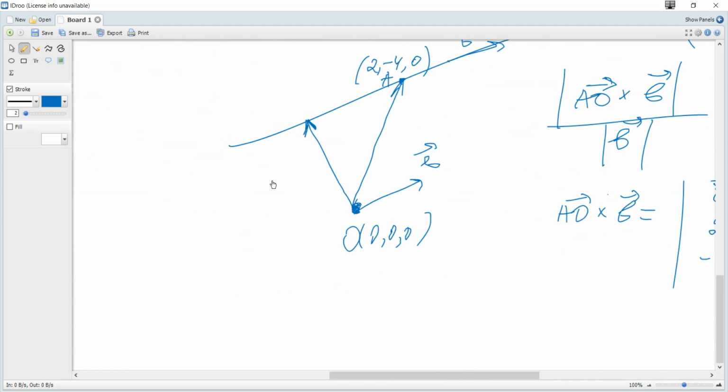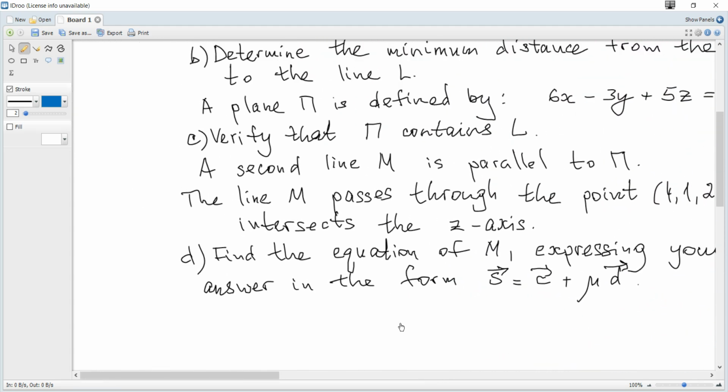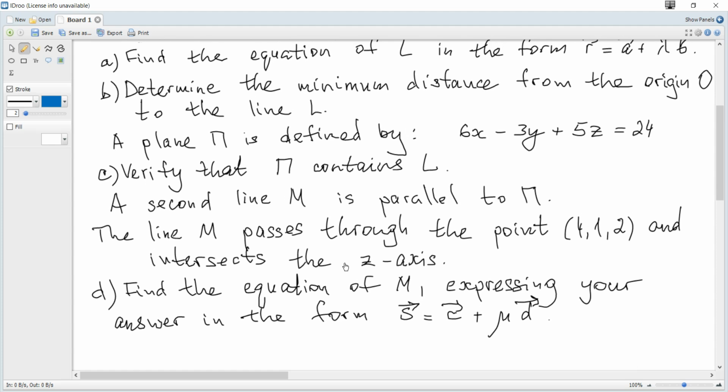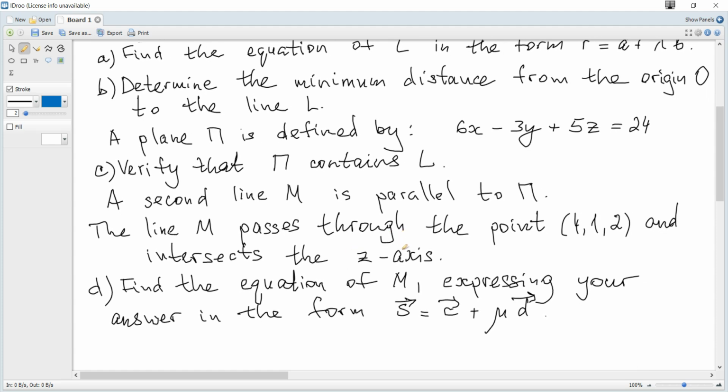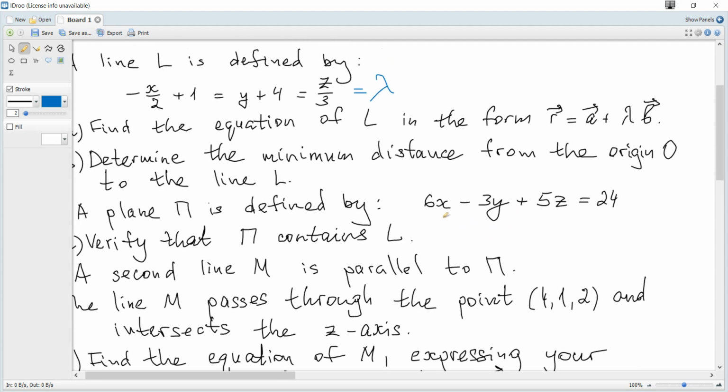The next, a plane P is defined by, question C, verify that P contains L. If we consider just a single point, how to show that it lies in the plane? You just substitute the coordinates of the point, and if it's true, it implies that the point lies in the plane.